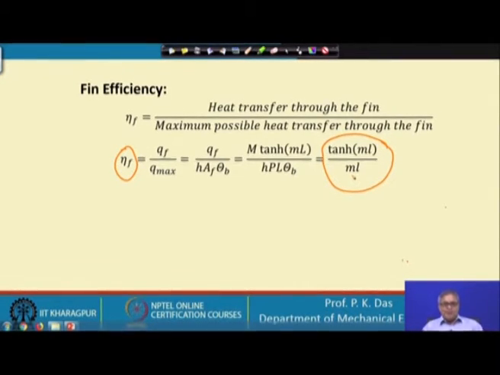So, from the name efficiency, it will be clear that what we are getting is less than 100%. So, the fin area will be multiplied by this. That means the fin area is not as efficient in transferring heat as the base area.